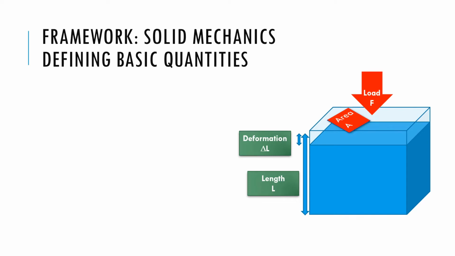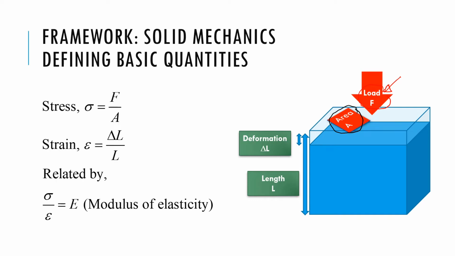So we'll start from the very basic quantities of mechanics. So here we have a block that has a surface area A, and on which we have a load F that is applied, and the load is applied over the area A, so the stress would be given by sigma equal to force over area.